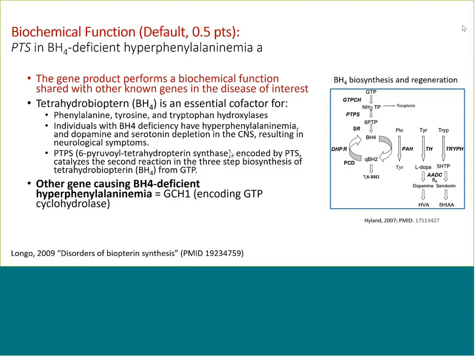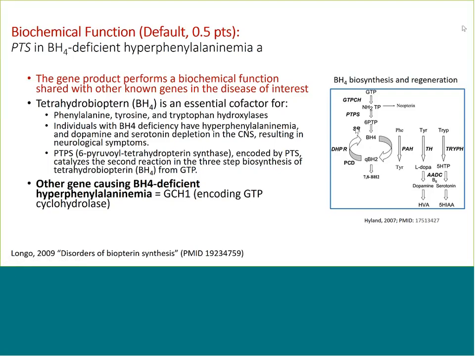So because of that, the gene product that I'm interested in, which is the product of PTS, performs a biochemical function shared with other known genes in the disease of interest. I did want to note here that the third step of this pathway, which synthesizes tetrahydrobiopterin, is performed by the sepiapterin reductase gene.